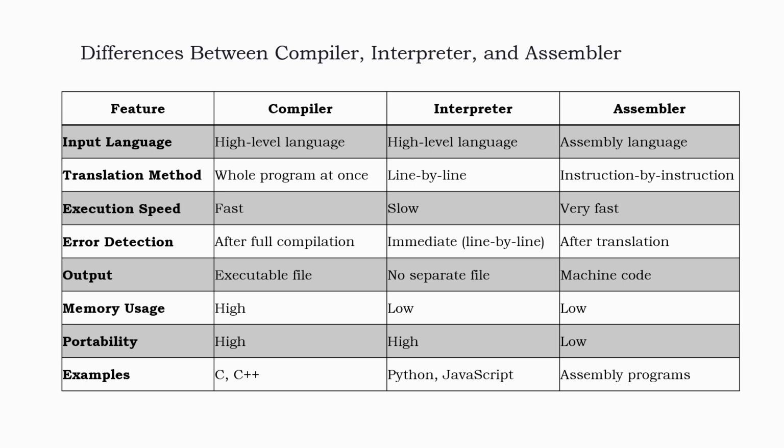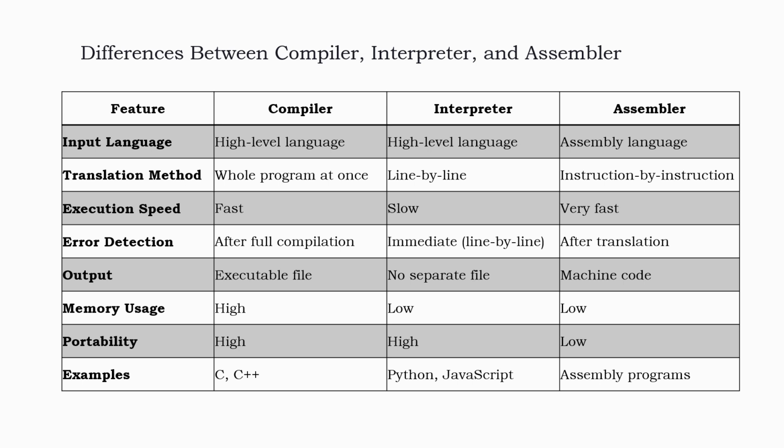Output generation: a compiler creates an executable file with .exe. An interpreter has no separate executable file, whereas an assembler generates machine code directly. Memory usage: a compiler requires more memory when compared to an interpreter, and an assembler uses minimal memory.